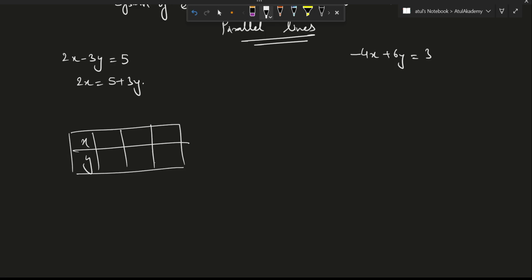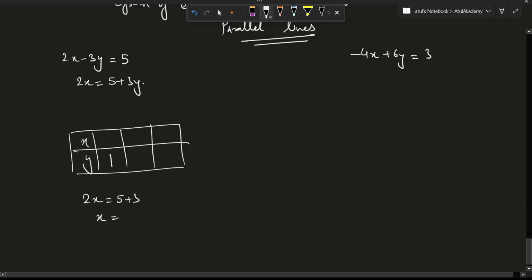If you put y as 0, you'll get a decimal number over here. Let's put y as 1. What will you get? 5 plus 3, which is 8, so x is 8 by 2, so you will get 4. Clear?